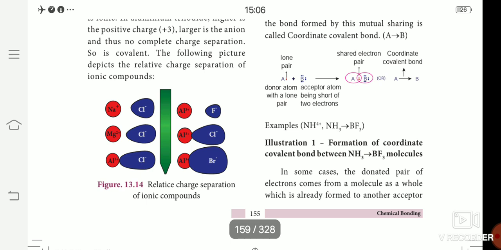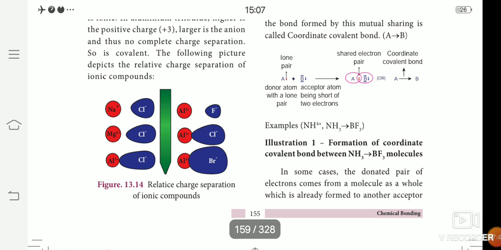Because of the large anion there is no complete charge separation. It is called covalent bond. So the ionic formation means the charges are completely separated, and covalent character means they are not separated. It does not separate the charge of atoms. So this is called Fajan's rules.